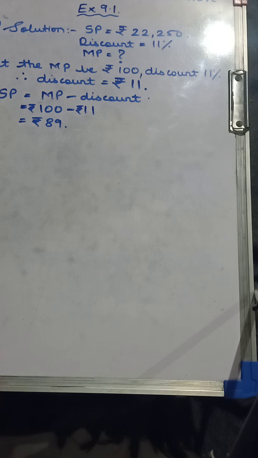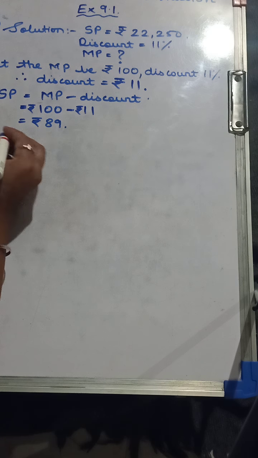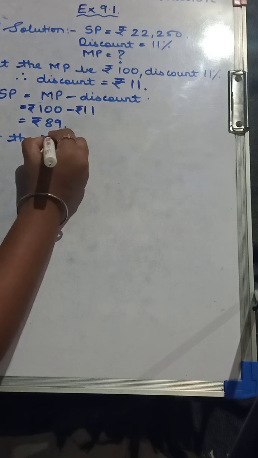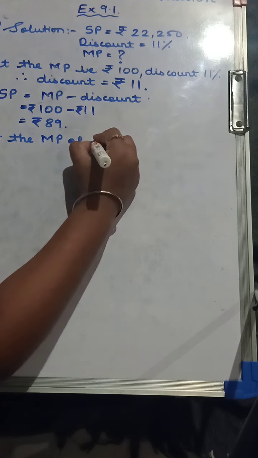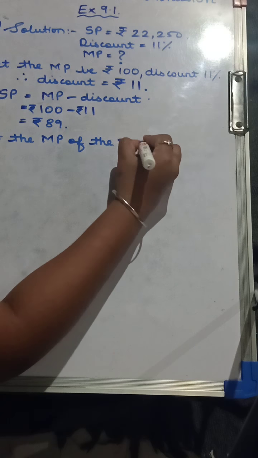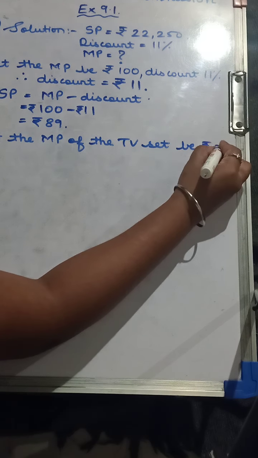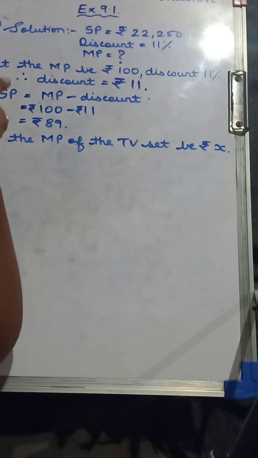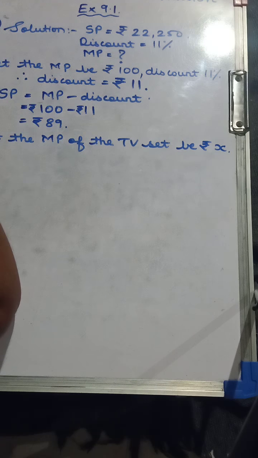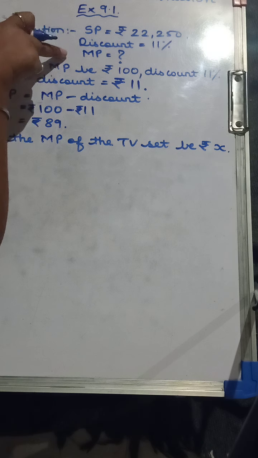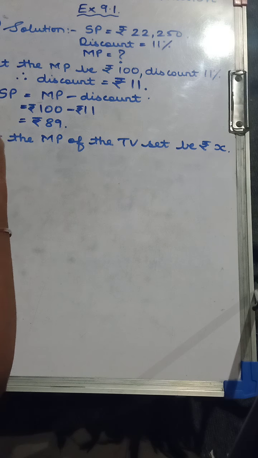Now we are going to write the actual solving of it, that is actual marked price. So here we will write, let the marked price of the TV set be rupees X. We are going to take it as X. Here we have assumed it as 100, but here we are going to take it as X because marked price we don't know. Marked price is question mark.